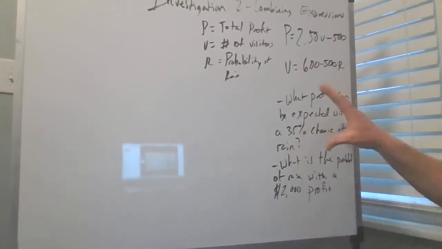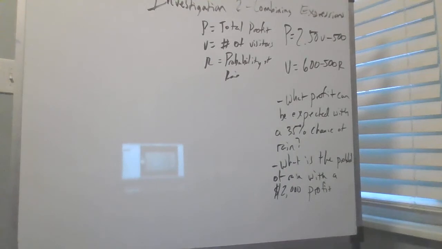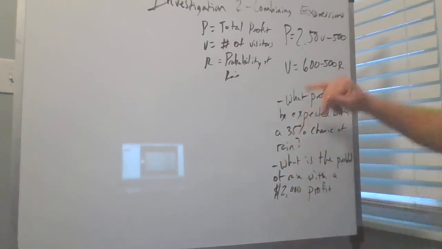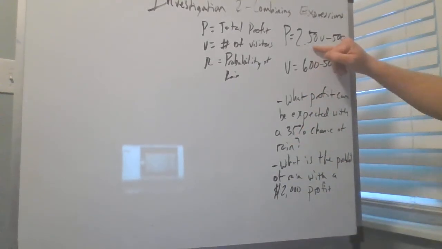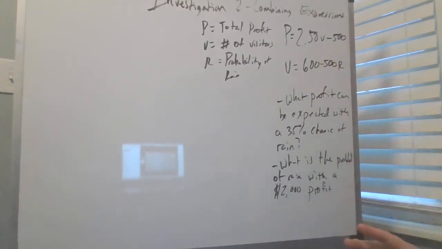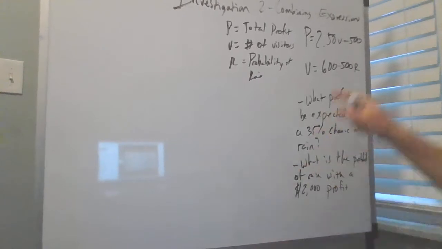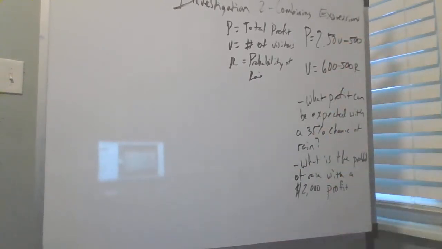So the first question, sorry for my handwriting, says, what profit can be expected with a 35% chance of rain? So in order to do this, I have to use this equation first and this equation second. Now, before I do all that work, because I'm a big fan of writing equivalent expressions just to make your life easier, why don't I first write an equivalent expression between the two of them?